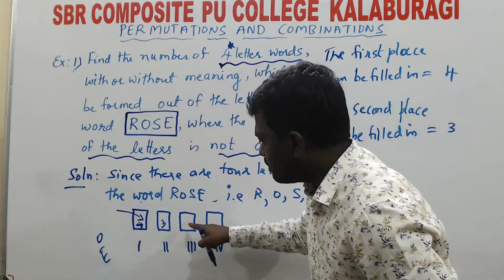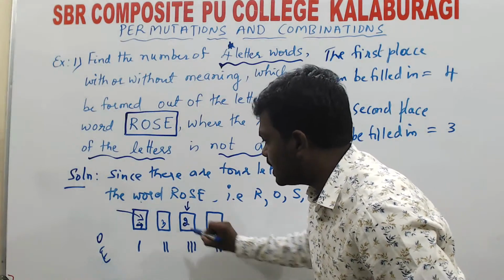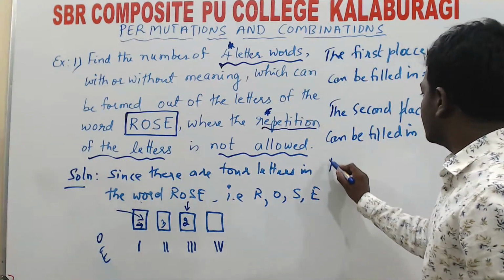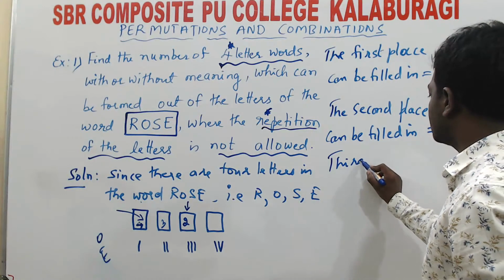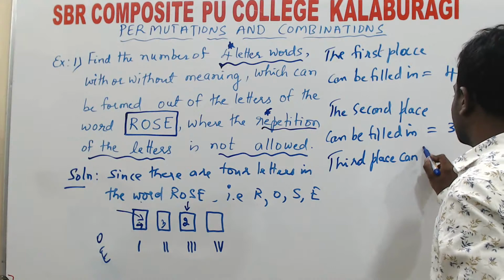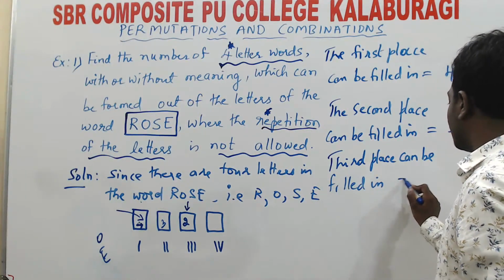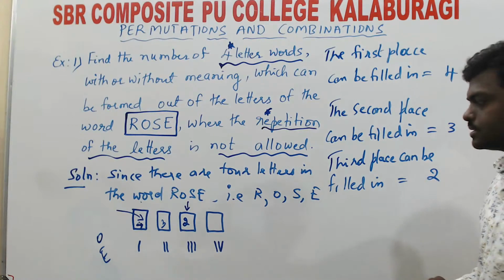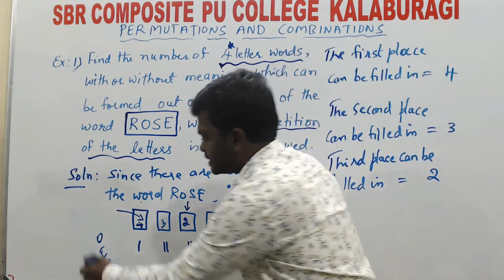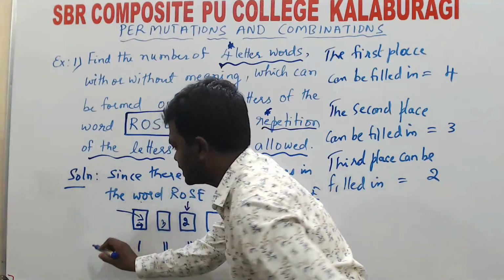So how many options now do we have to fill the third box? We have two. The third place can be filled in two ways, right? Now this option is also gone, either O or E, it doesn't matter.